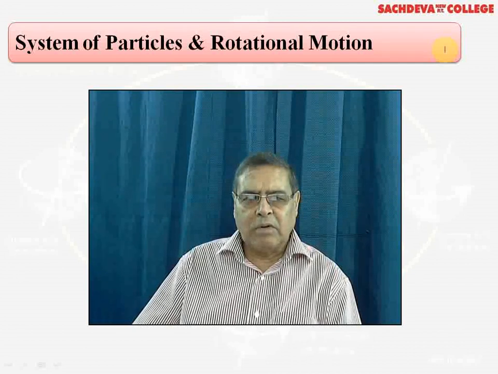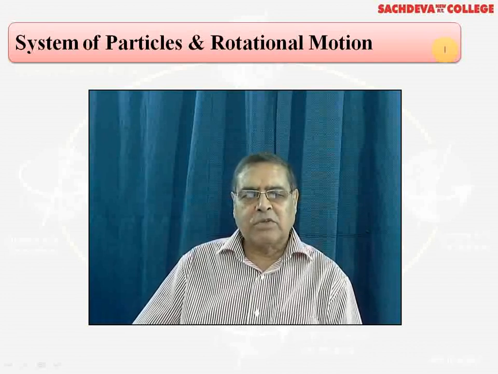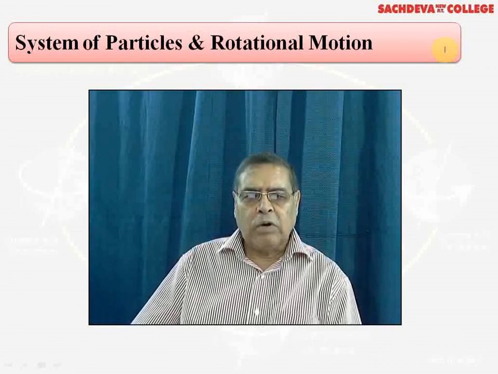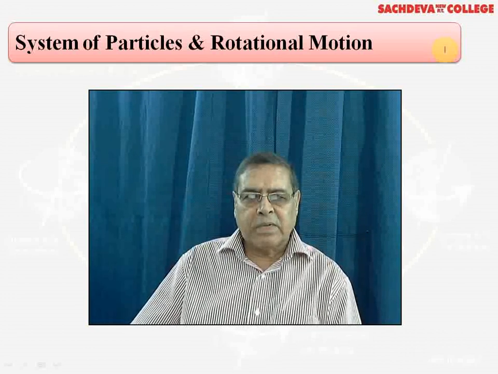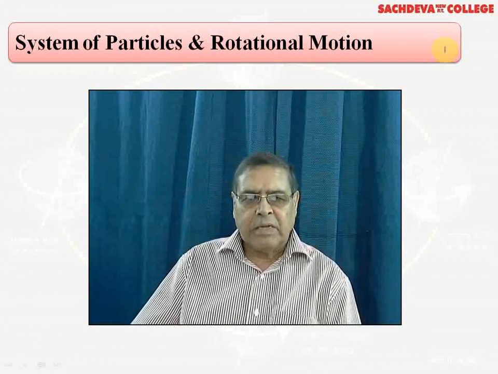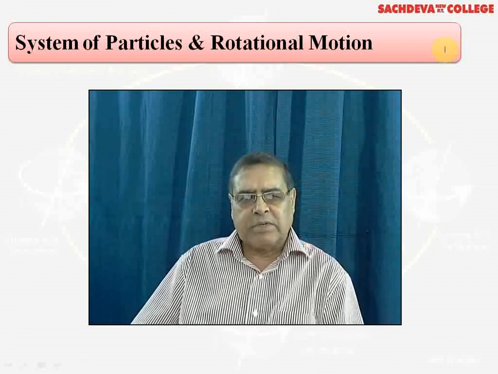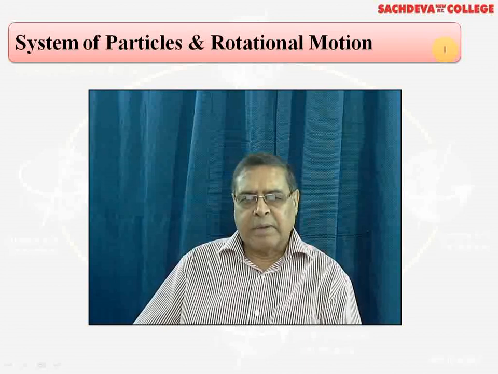Every particle or every atom has a mass like m1, m2, m3 and so on up to mi. Mi means the mass of the ith particle, and all of them have some position vector like r1, r2, r3 and so on up to ri. So whatever concept I have just explained, the same things are to be discussed in the coming portion.